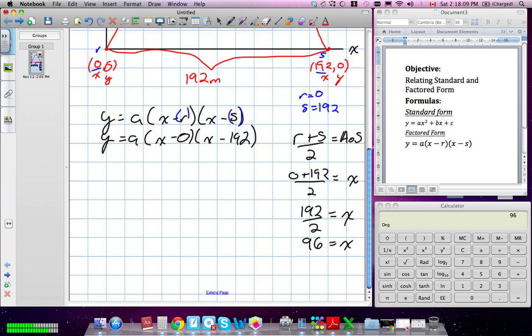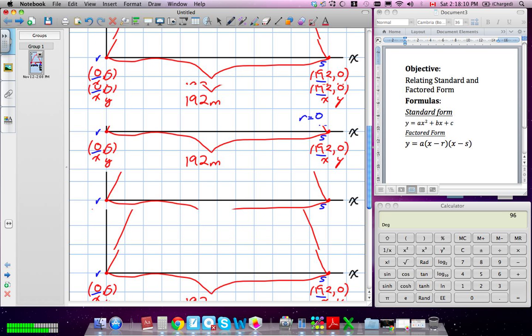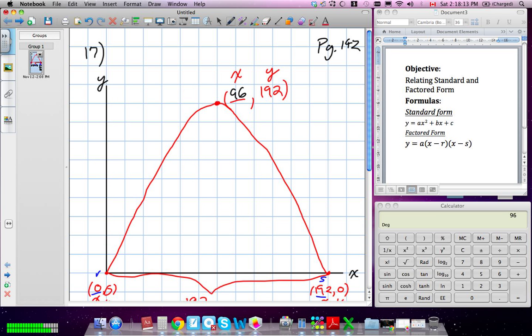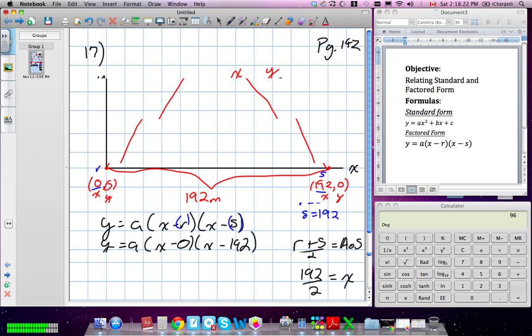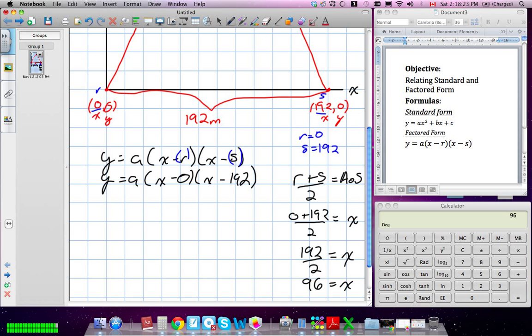So now I have an x and a y value I can plug into my factored form. In other words, I can plug something in for the x and the y, and then solve for our a. So our vertex, let's put it on top here, is at 96 and 192.